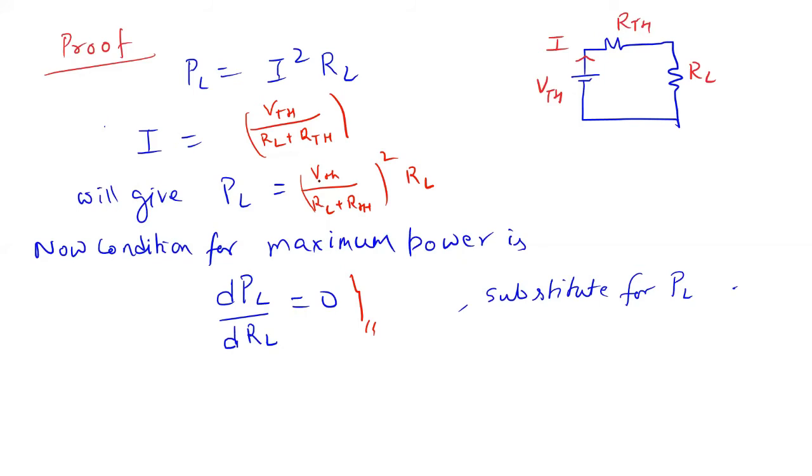Here VTH is constant. So put this entire value, VTH whole square divided by RL plus RTH whole square, multiplied by RL, in place of PL, and differentiate it, and let me know what answer you are getting. So take 5 minutes. I hope all of you remember differentiating.